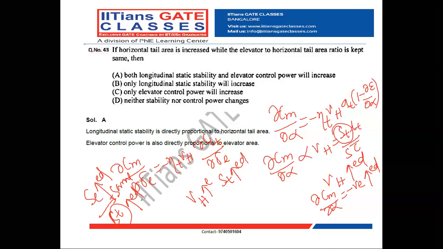That is, for the same elevator deflection, it provides increased moment about CG, thereby giving rise to increased elevator power. Hence option A is the correct answer. That means it increases both elevator control power and longitudinal static stability.